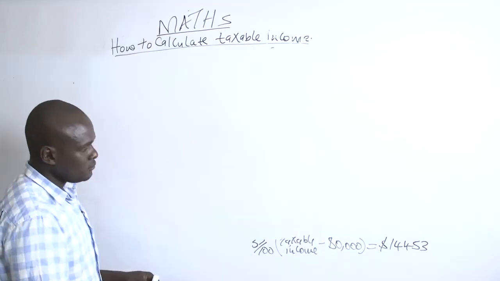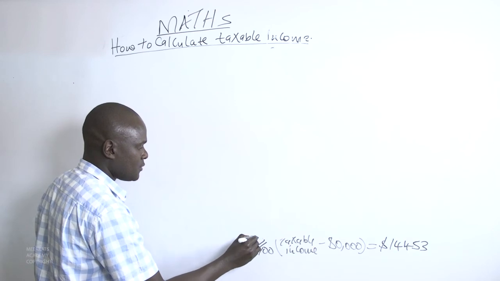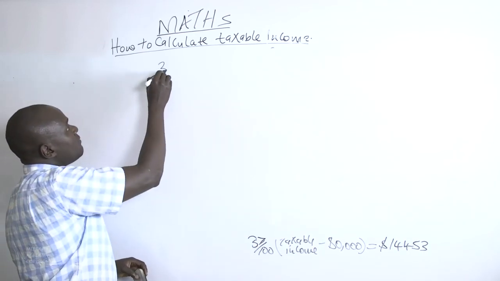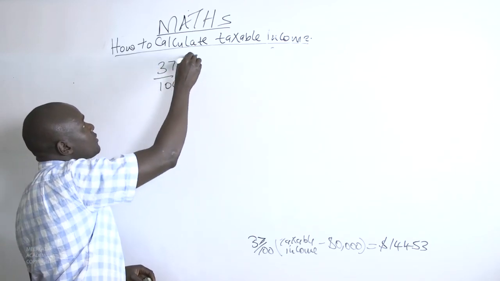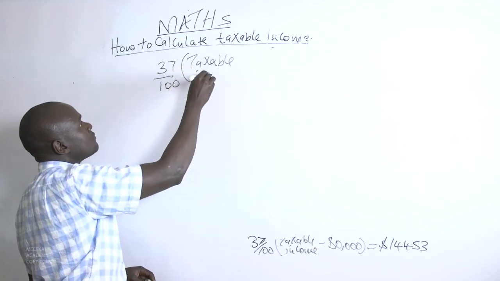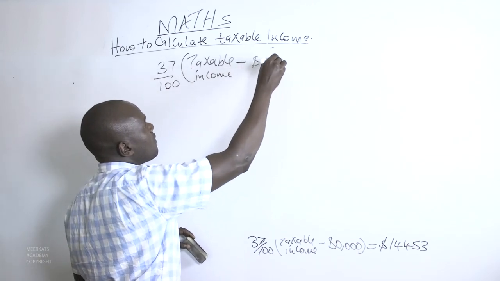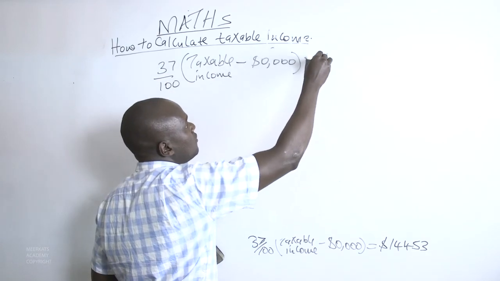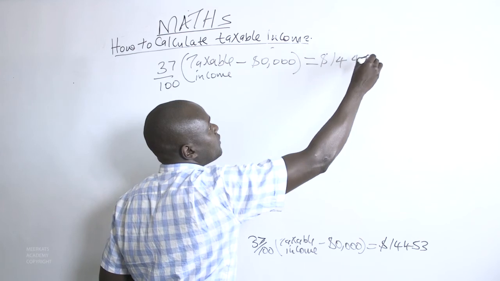So we can decide to remove this particular constant here by multiplying both sides. Remember, we have 37 out of 100 into our taxable income minus $80,000. This should be equal to $14,453.